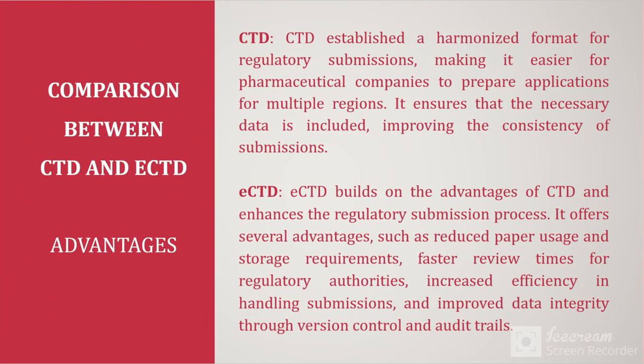Based on benefits. CTD established a harmonized format for regulatory submissions, making it easier for pharmaceutical companies to prepare applications for multiple regions. It ensures that the necessary data is included, improving the consistency of submissions.